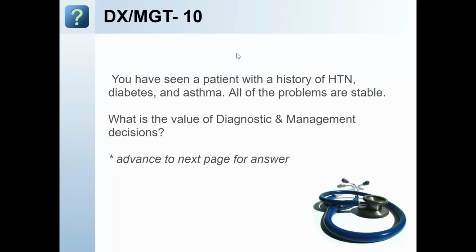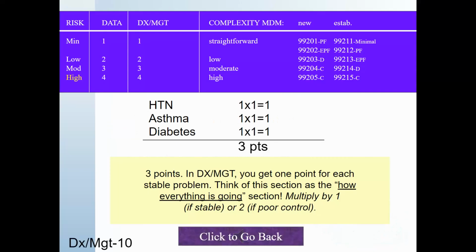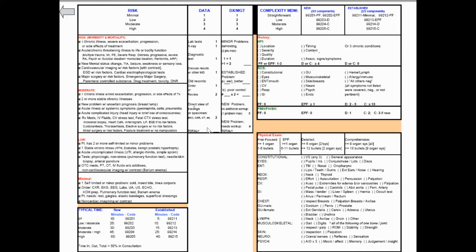We have this patient with a history of hypertension, diabetes, and asthma. All of the problems are stable. How many points in this category do we get? Well, we get a point for every problem that we are reviewing or managing. And let's take a look at the worksheet for just a minute.